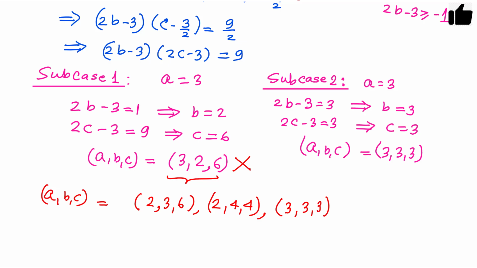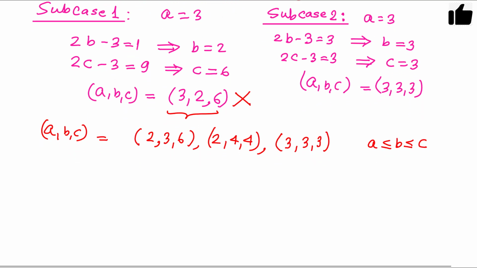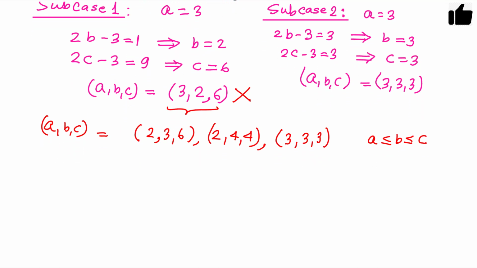So we have three solutions, but the assumption was A is less than or equal to B and B is less than or equal to C. Now we can relax this assumption, that is there is no such kind of order. In that case, how many solutions will we have? We will get different arrangements. The ABC pair will be 2, 3, 6.